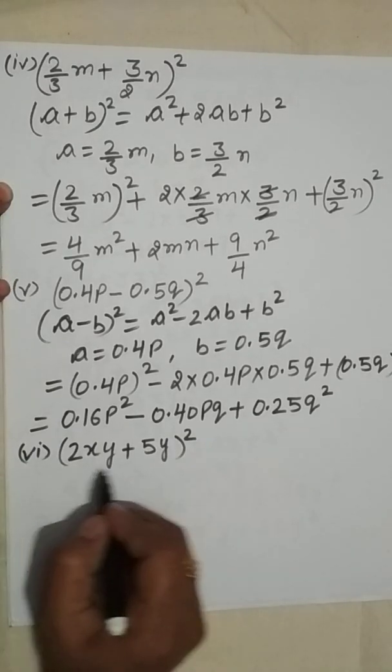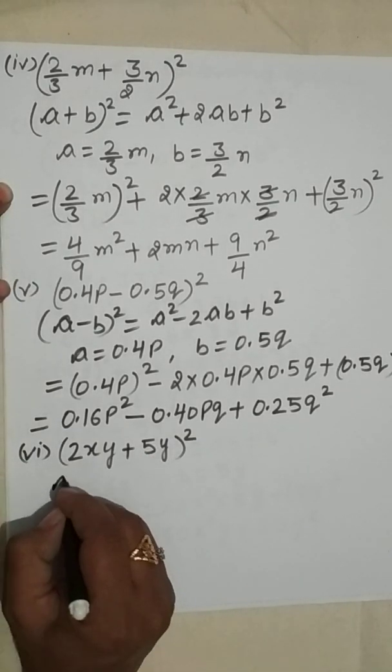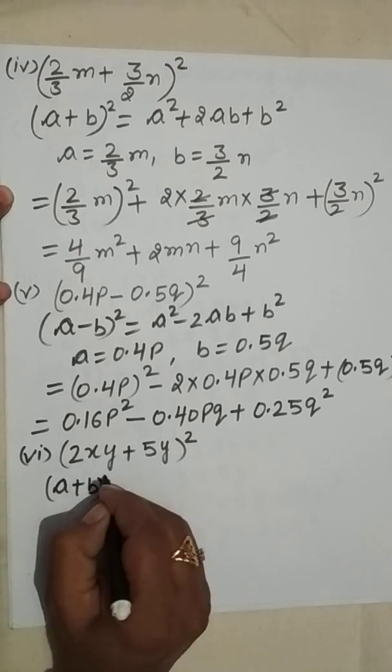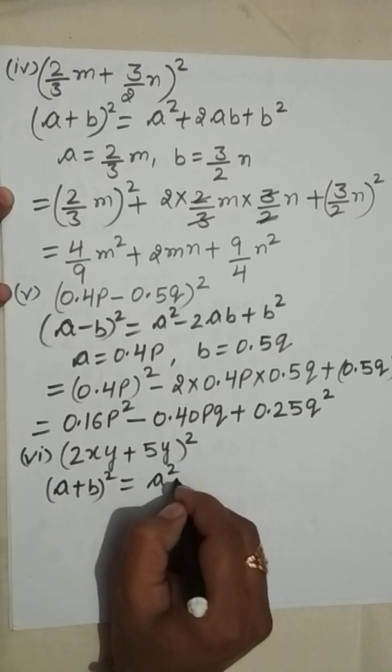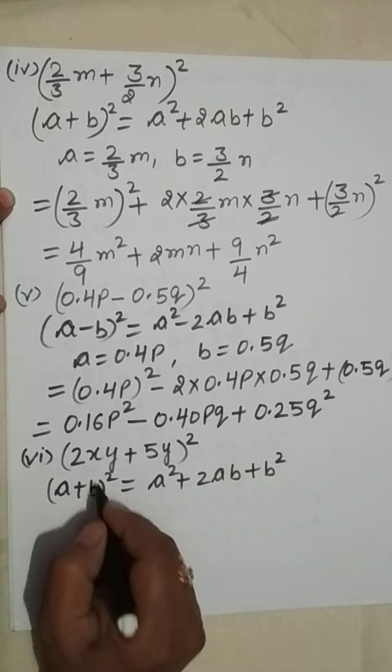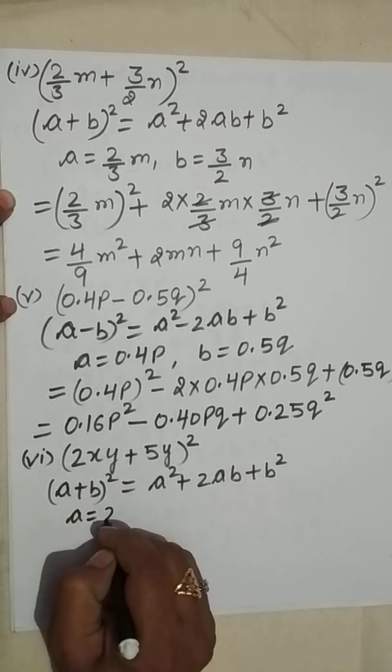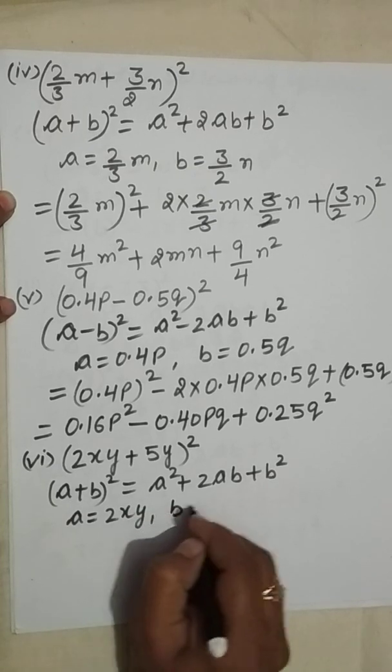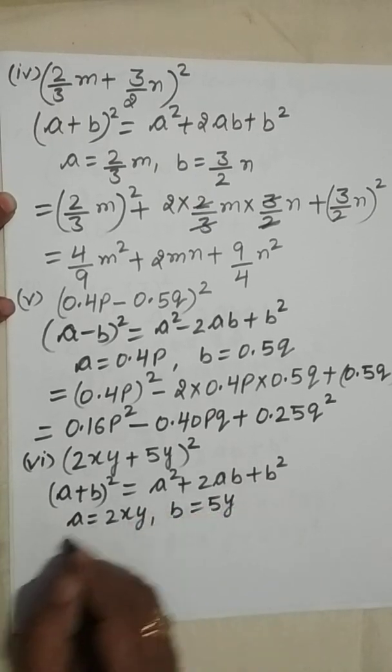Next is (2xy plus 5y) whole square. This is the type of (a plus b) whole square, which is equal to a square plus 2ab plus b square. Now here a is 2xy and b is 5y. Now substitute the values.